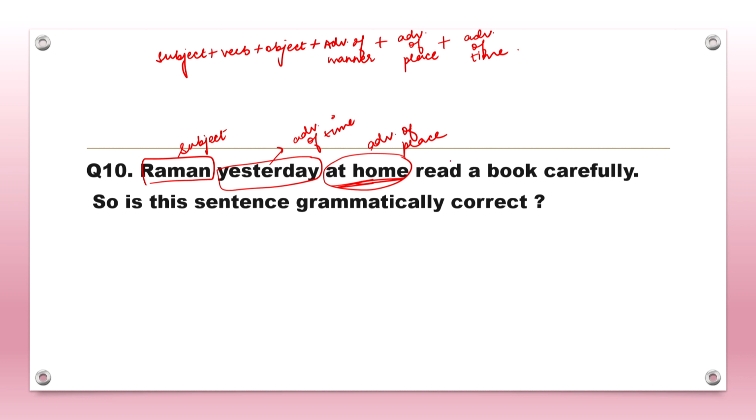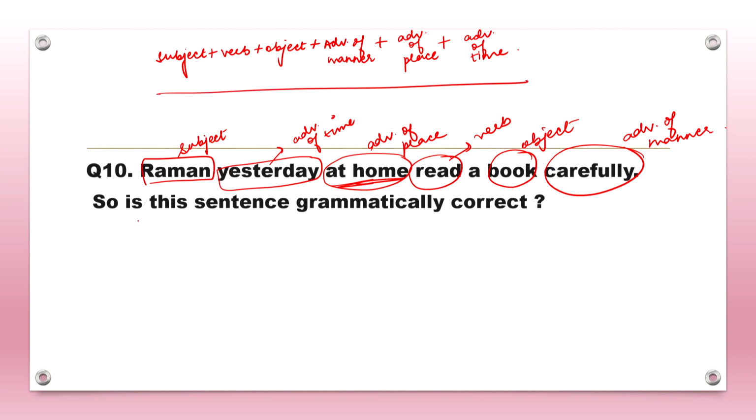Now, what is read? Is your verb. A book. Now, book is your object, right? And carefully is your adverb of manner. So, as you can see, is this sentence following the above format? No. So, now let us arrange it according to the above format.